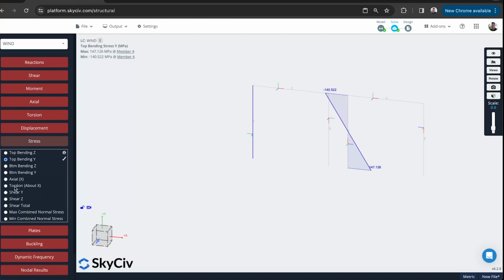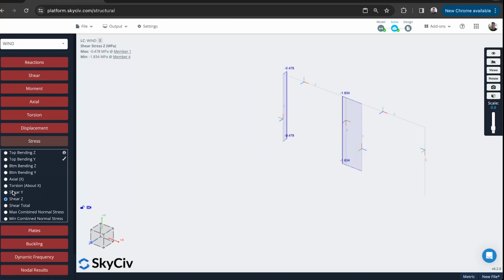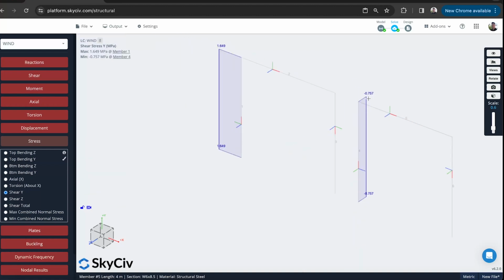And we can have a look at some of the other results too. So shear Z, shear Y, shear Z. And we can see in all cases, well in this case a little bit less, because shear is generally not a governing result, but we're seeing much larger stresses on that right side. So in this case, we've gone from 0.676 to 1.65.